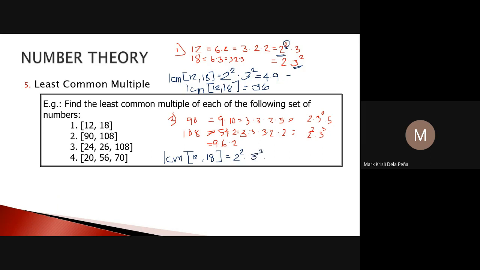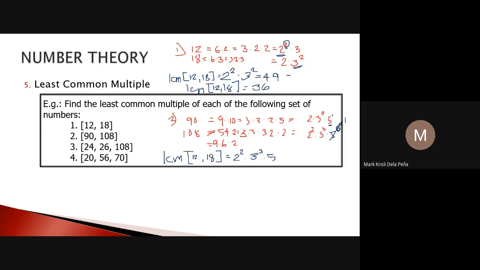Now 5 is not present in 108, which means we can also rewrite this as 5 to the 0, right? Since any number raised to the power 0 is equal to 1. So that's 5 to the 0, 5 to the 1. But you don't need to write this; that's why I'm showing this for explanation purposes. Now, we will also include this one.